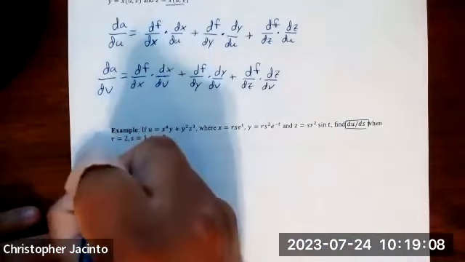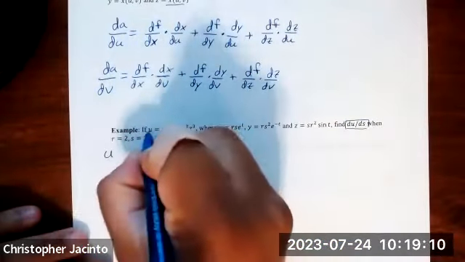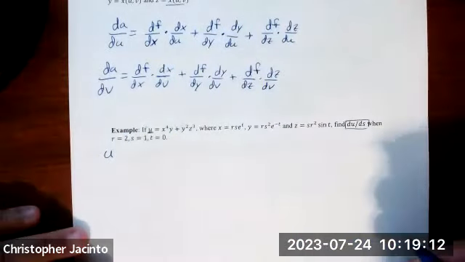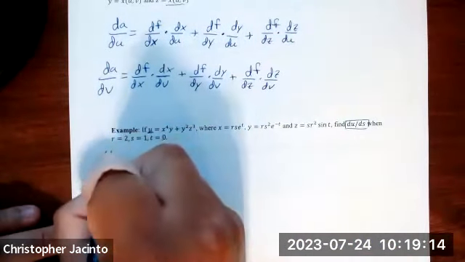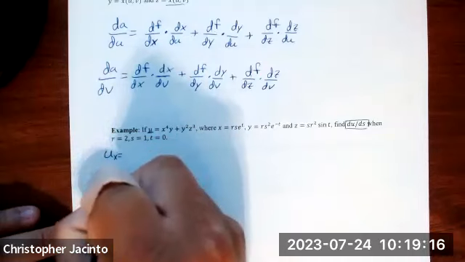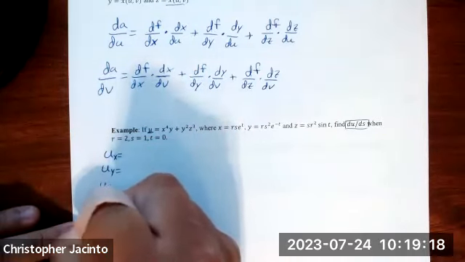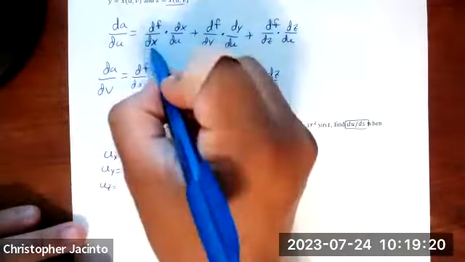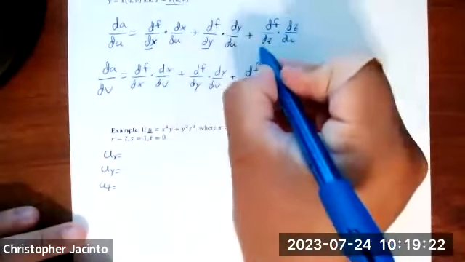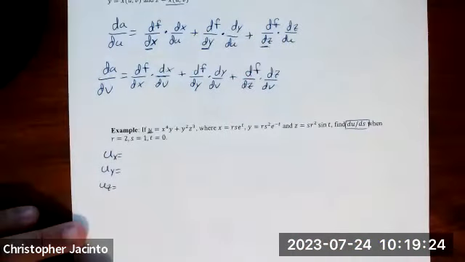So let's just go down the list. So again, it's u because it's u equals instead of z. So u of x, u of y, and u of z. That's going to go up right here in our equation.